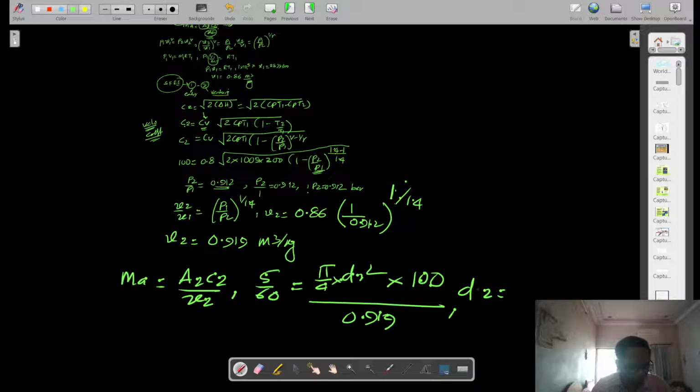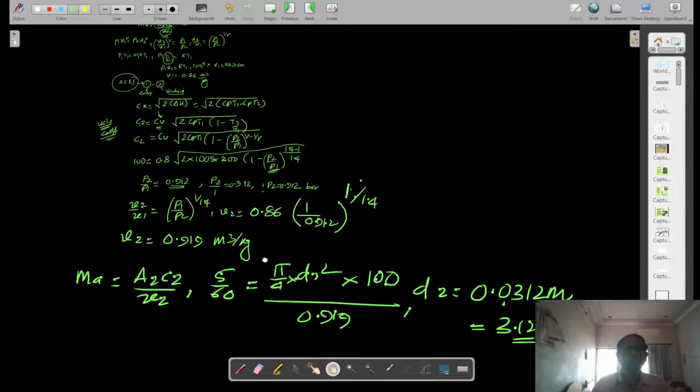So D2, the diameter at the throat, comes out to be 0.0312, and this is in meters. Into 100 will give you 3.12 centimeter.